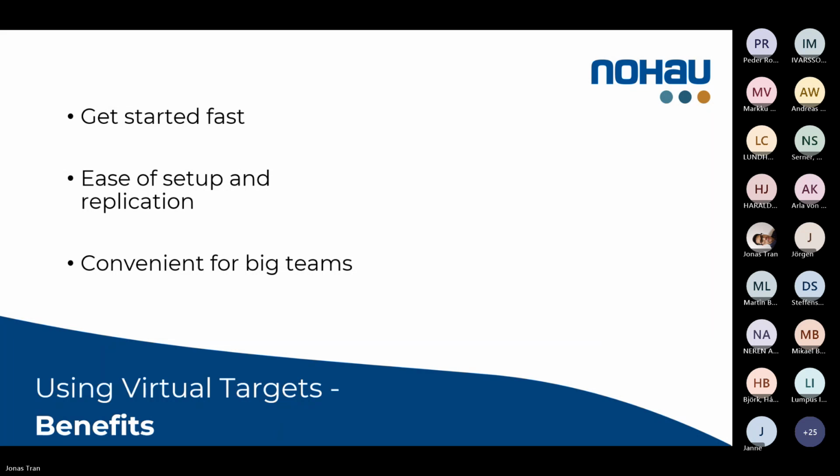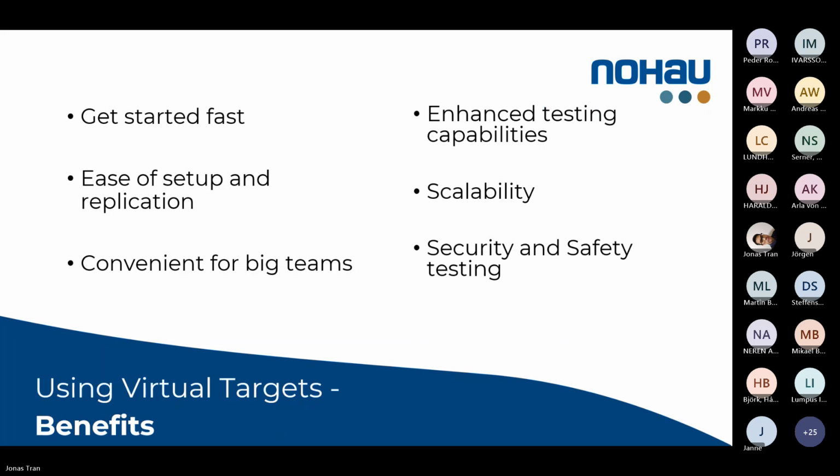And some more benefits. If you use virtual targets, in some scenarios it can be easier to test. For example, error conditions and edge cases can sometimes be hard to replicate on real physical hardware.